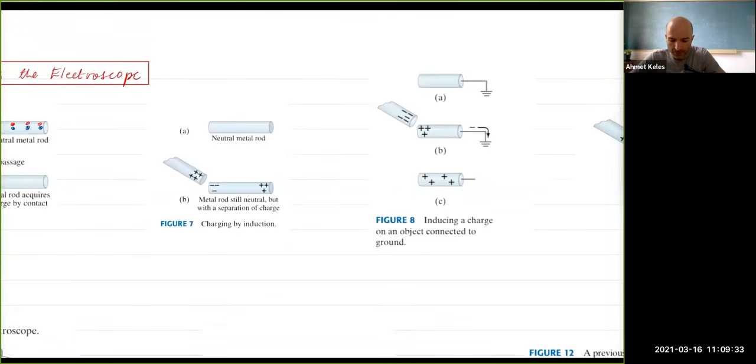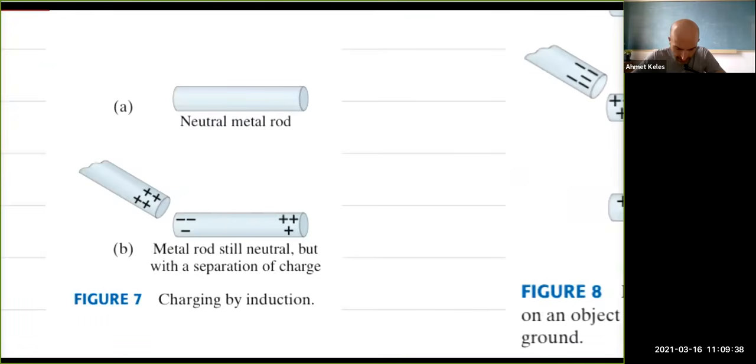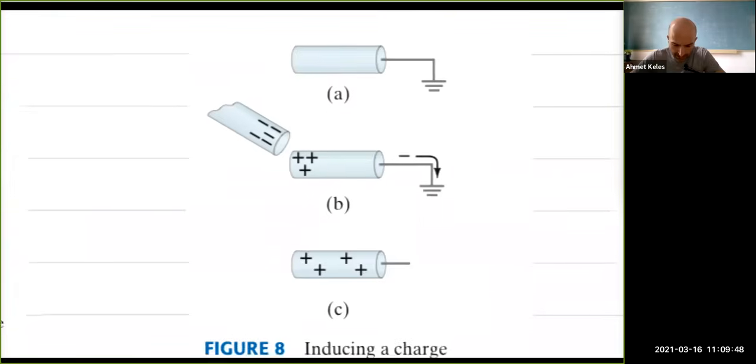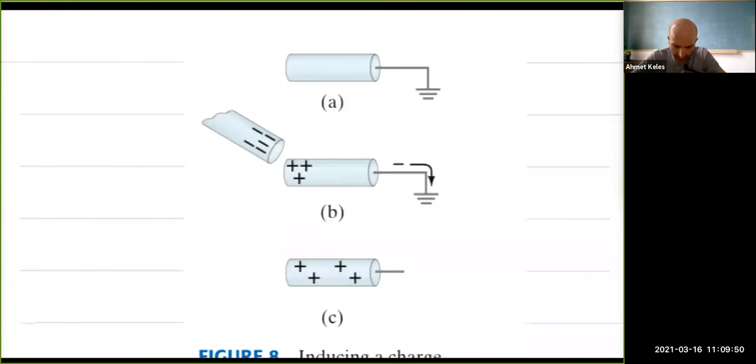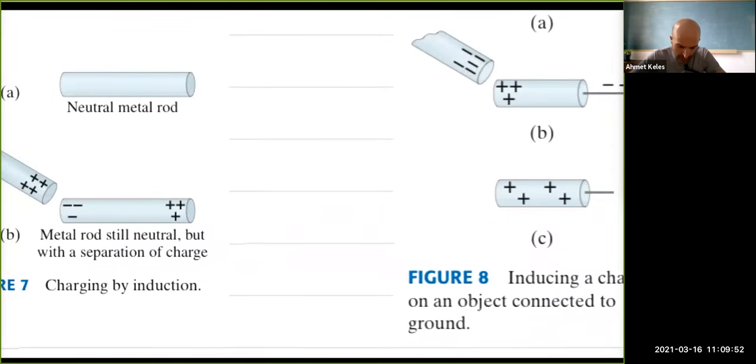And now let's do one more thing. After we did this right here, let's suppose we connect this to Earth, so-called earthing, grounding. It's something like this. If you do this, these excess positive charges here, because they are connected to ground, can pull electrons and neutralize them.